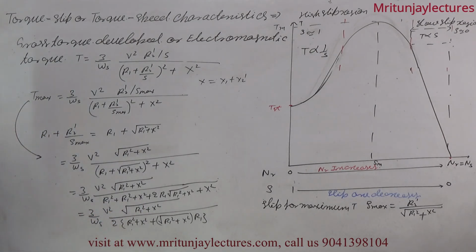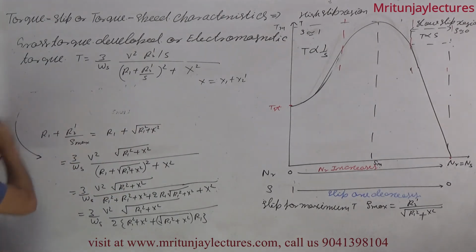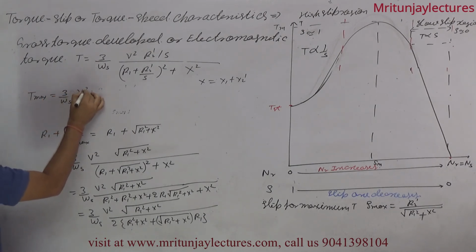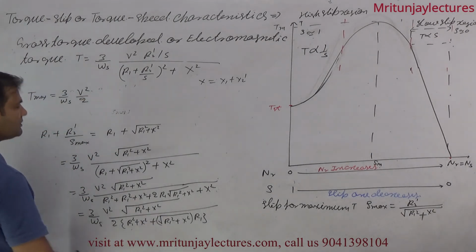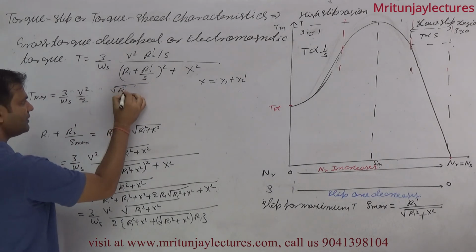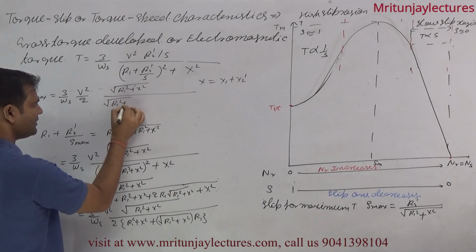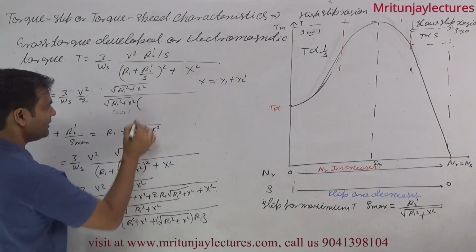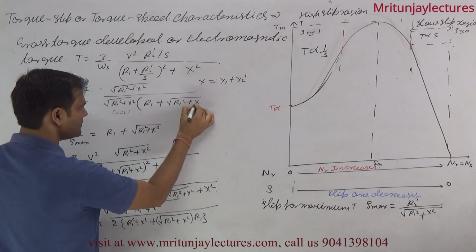Okay? In between, Tmax is written as 3 divided by omega s V² by 2. If you common r1² + x², it is also common r1² + x². Then finally we got r1 plus under root r1² + x².